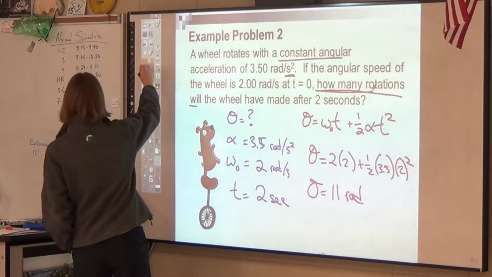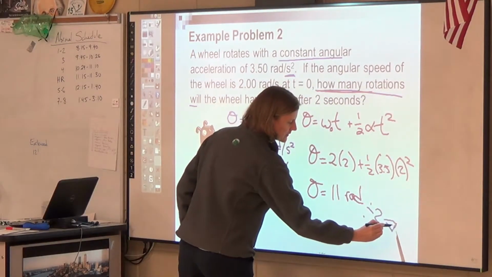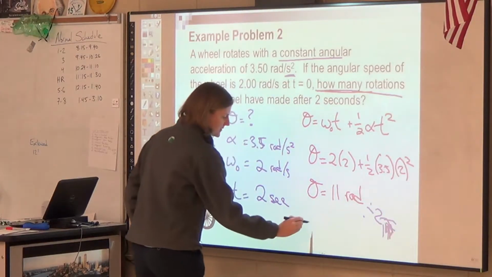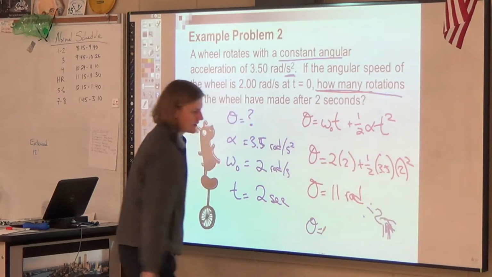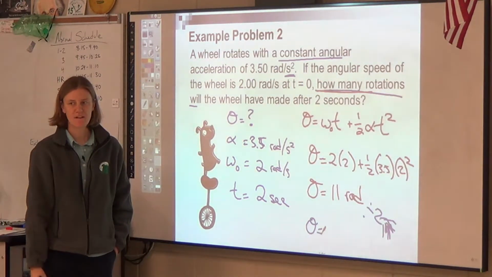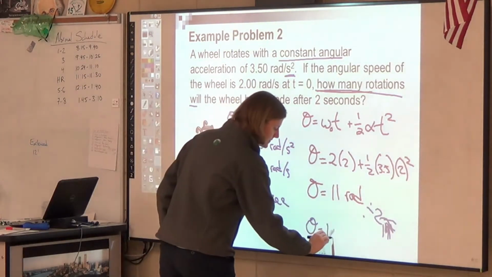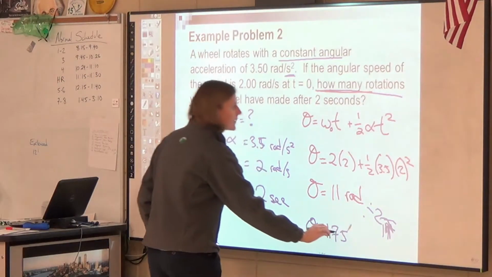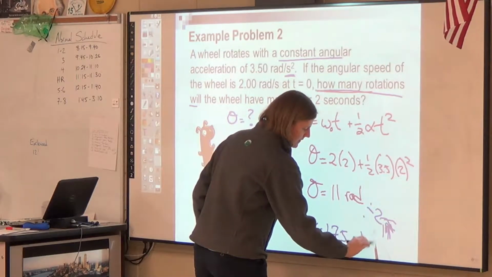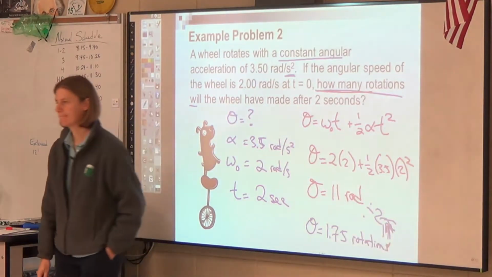So we've got to just divide this by 2 pi. 1.75. So, almost did 2 circles.